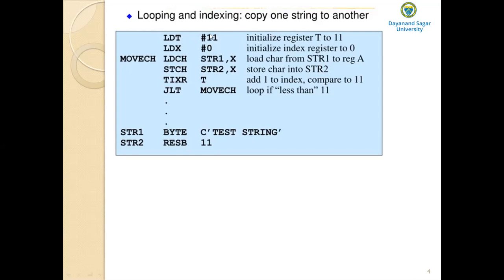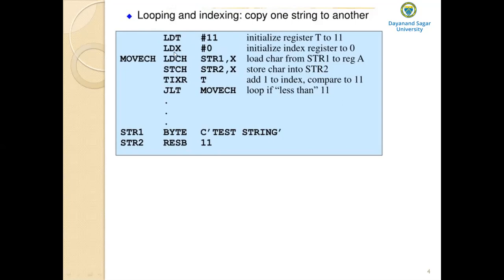Why do we need to initialize T with 11? Because that is how many bytes you have to copy. So register T holds the count of characters to be copied: 11 characters, or 11 bytes.